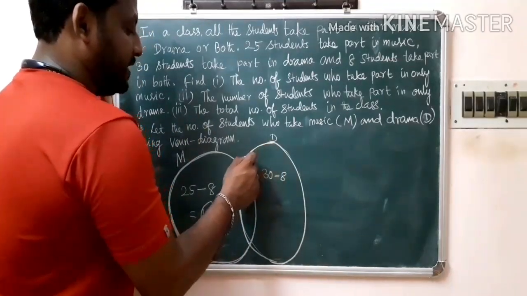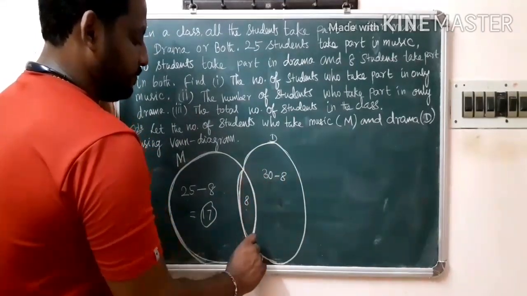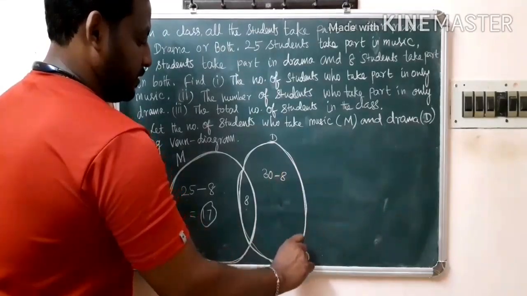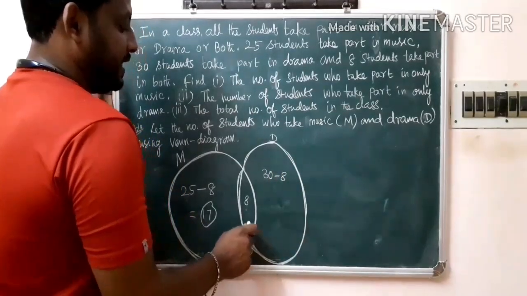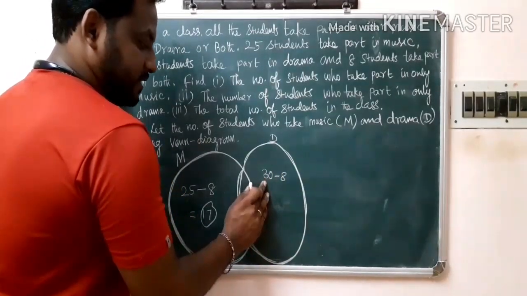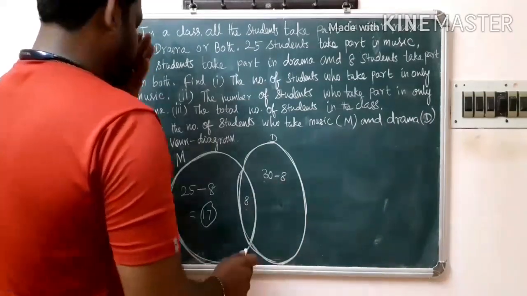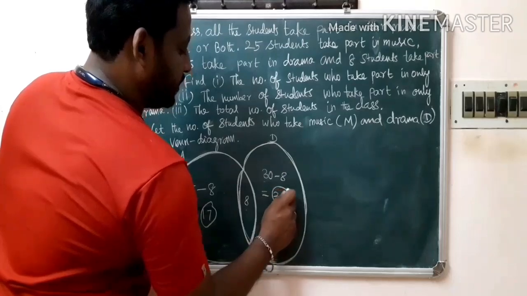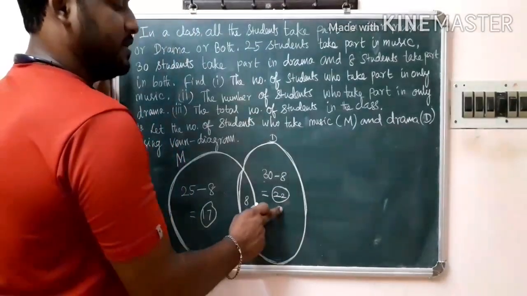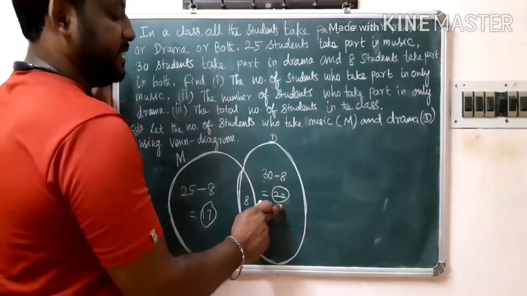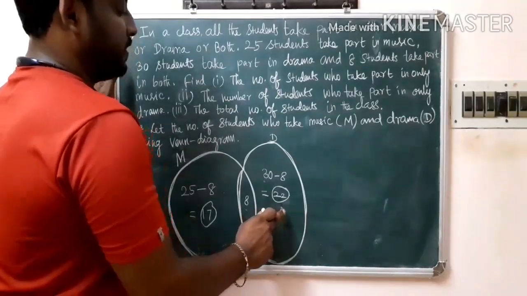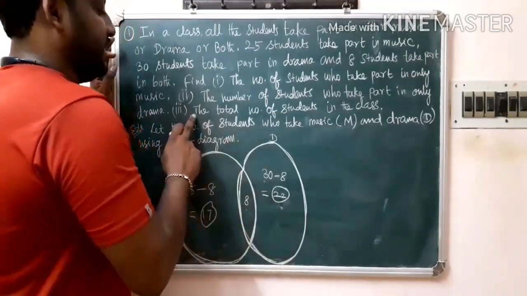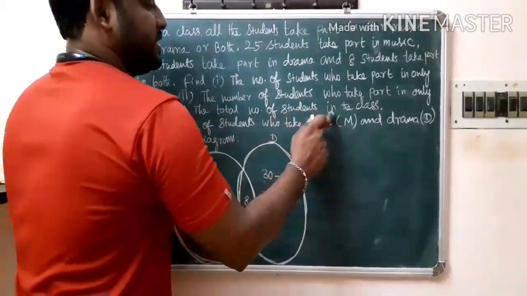Only drama means this part alone. So 30 minus 8 is equal to 22. So 22 students are taking only drama.